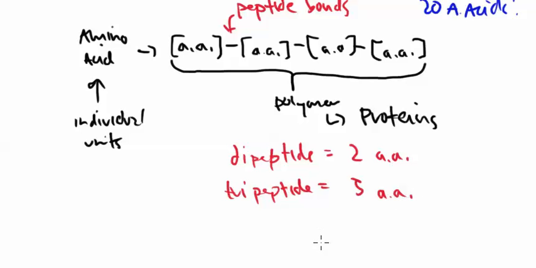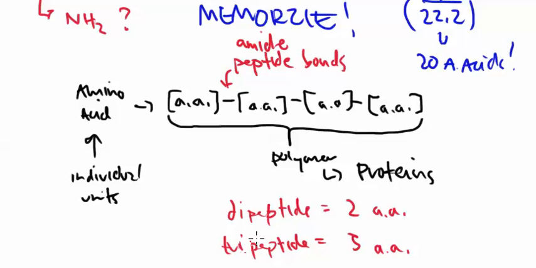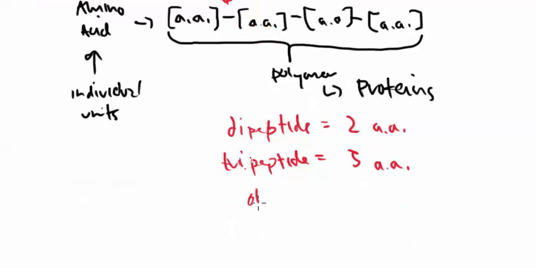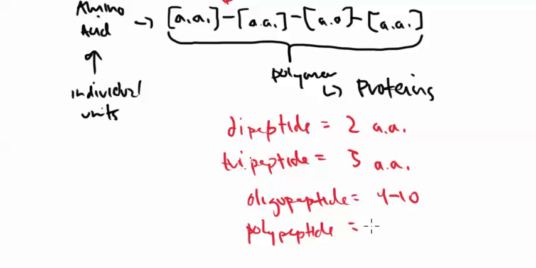We could have an oligopeptide. And this is anywhere between 4 to 10. Kind of like what the sugars were, there's really no difference there. And then we have the poly. And we can have a polypeptide, which is 10 or more amino acids in the chain.